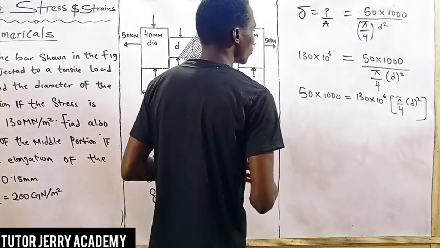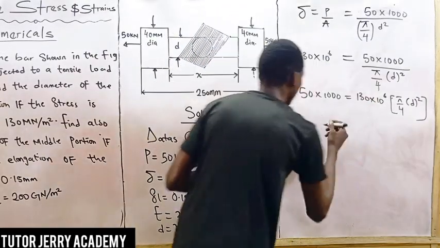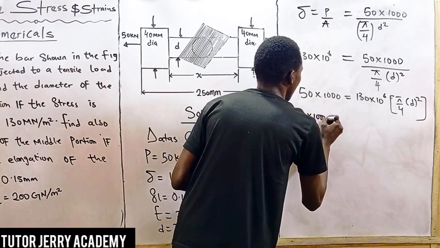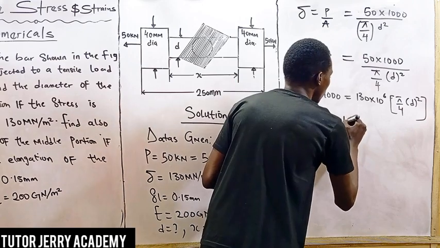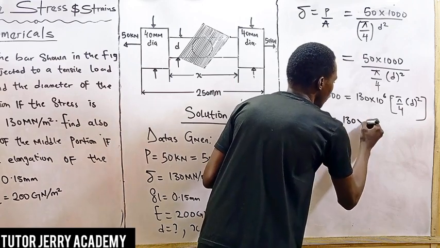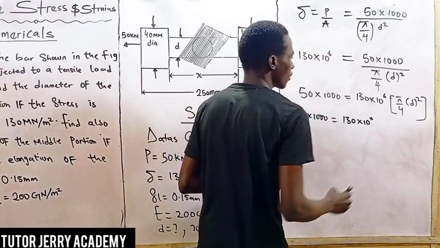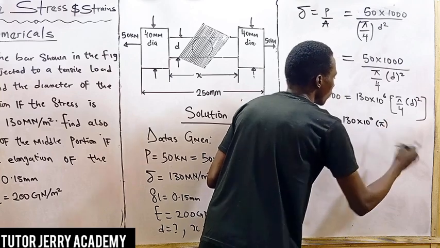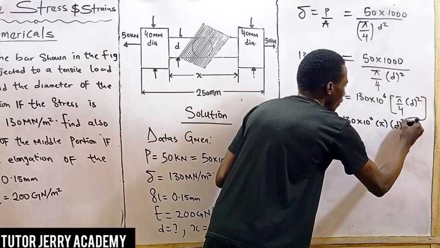I will open that bracket. If I open this bracket, I will have 50 times 1000 equal to 130 times 10 to the power of 6 times pi, multiplied by D squared, all over 4.